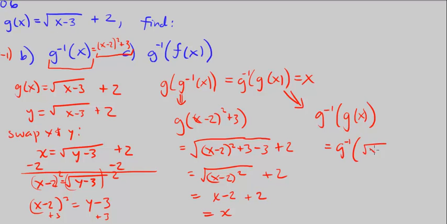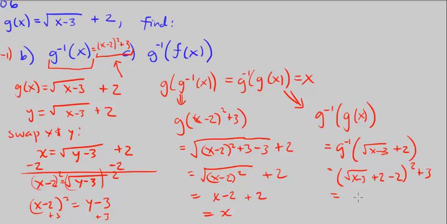So the input is going to be the square root of x minus 3, plus 2. That's why I always use a pencil. Okay, so plugging this into our inverse function, we get the square root of x minus 3 plus 2, minus 2, squared, plus 3.